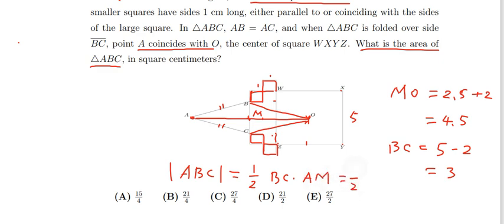BC equals 3, AM equals MO equals 4.5. So we can find this area.